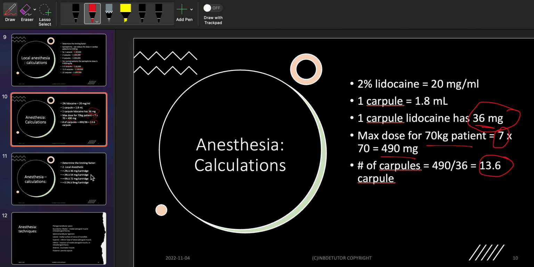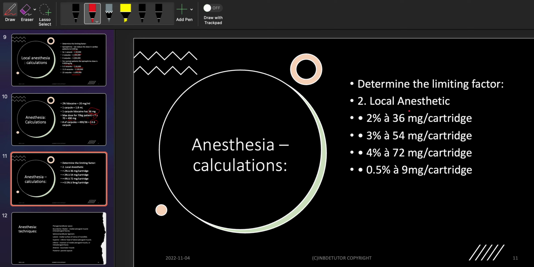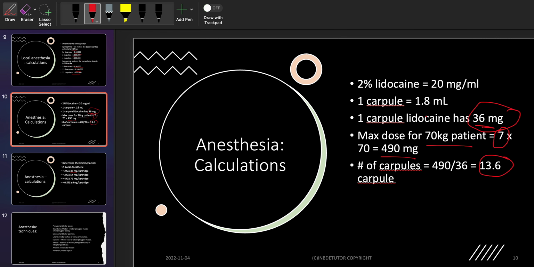Now, moving ahead to the next slide. Again, you can just remember these terms like this only. Determining the limiting factor for the local anesthetic, 2% will contain 36 milligram. How did this come? Same way, because one carpule contains 1.8 ml.